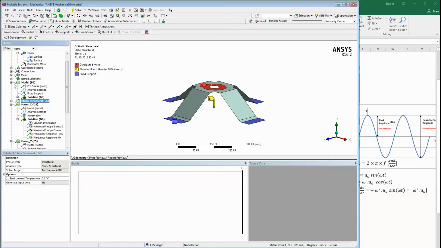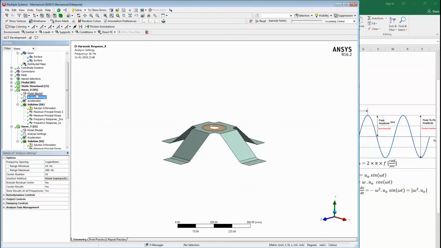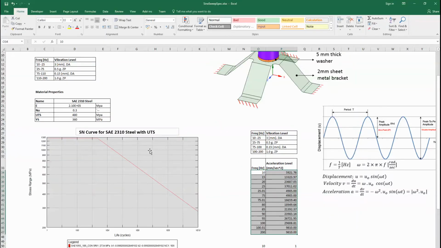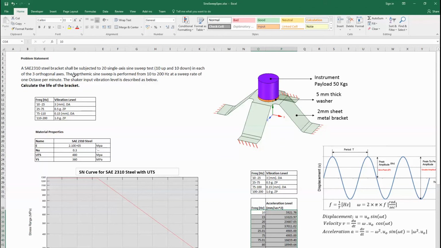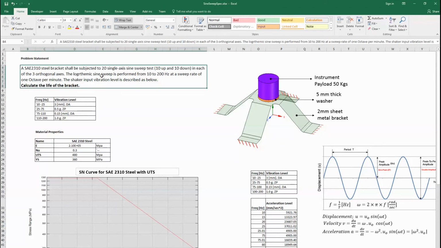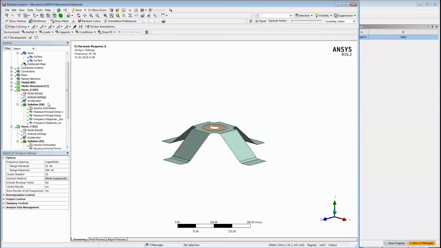So once this is done, in analysis settings, I'm going to use a logarithmic frequency spacing because I assume, as given here, we are going to do a logarithmic sine sweep rather than a linear sine sweep. So I'm also using the logarithmic spacing between 0 to 200 Hz.